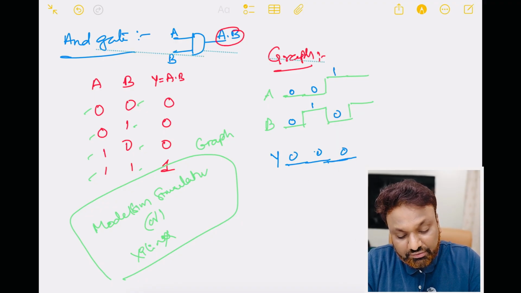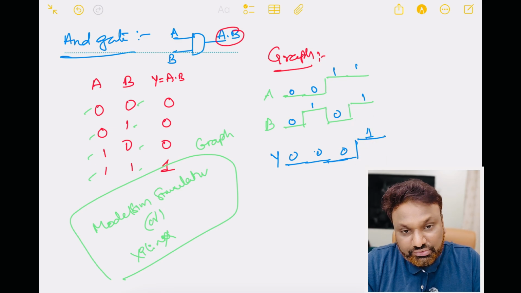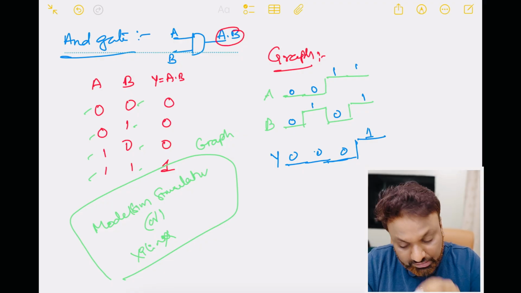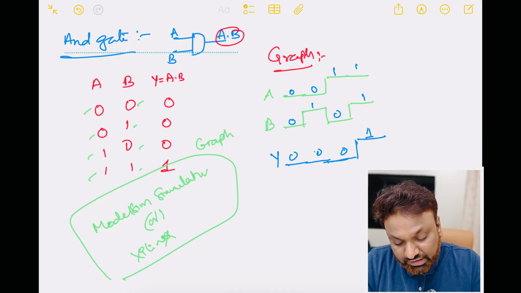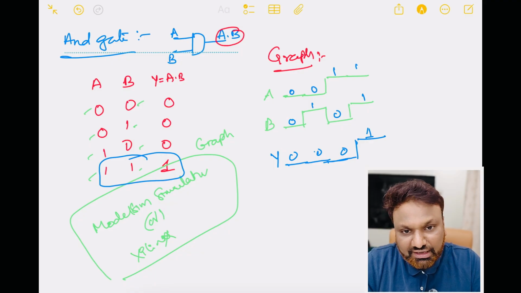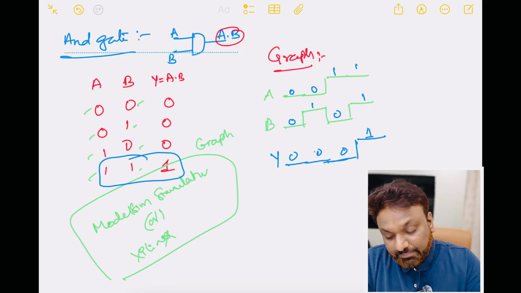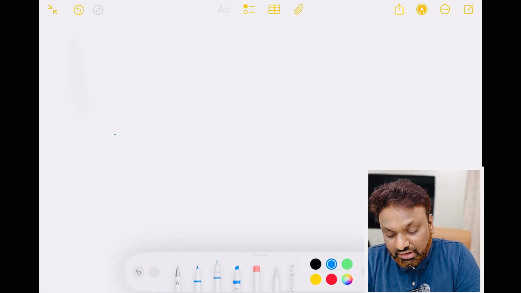And 1 and 1: when I multiply both inputs 1 and 1, I get an output 1. So this is the associated graph for an AND gate. To get an output 1 in the AND gate, both the inputs should be equal to 1, then only I get an output equal to 1. Similarly, I can have an OR gate.